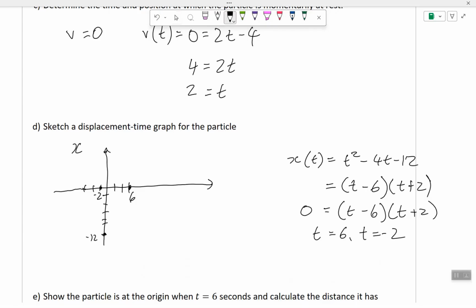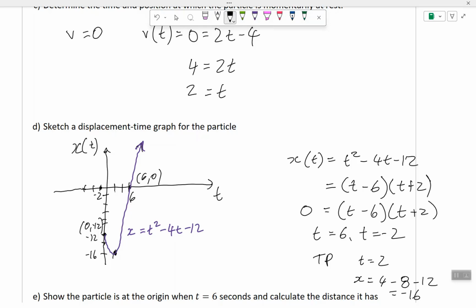What's halfway between 6 and negative 2? 2. So our turning point, t equals 2. X equals, take 12, is negative 16. So at t equals 2, we've got our turning point. We've got our intercept with that axis. So we're going like that.